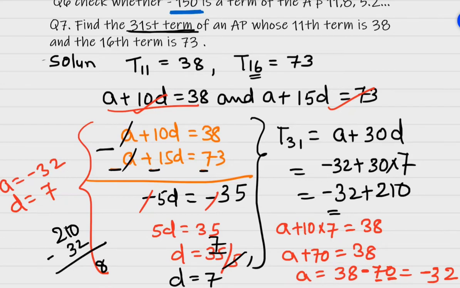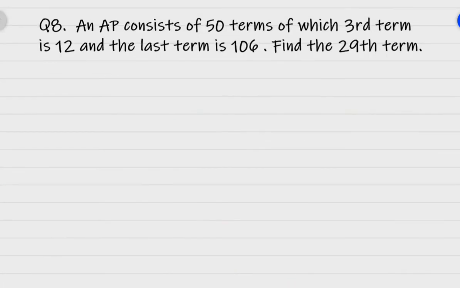Again 10 minus 3 is 7. So 178 and that will be positive. So your 31st term is 178. Come on, children. Now let us see question number 8.